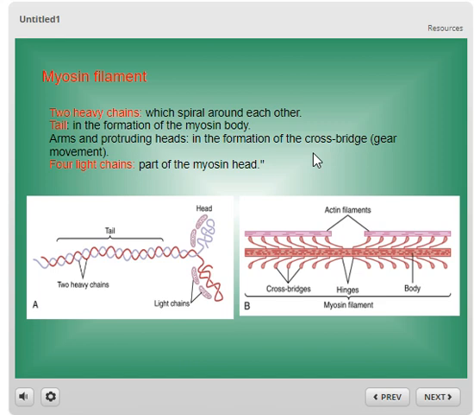The light chains of myosin are associated with the myosin head. These light chains play a role in stabilizing the head region and are involved in the regulation of the myosin activity. As a whole, the structure of the myosin, including its heavy chains, tail, arms, protruding heads, and light chains, is essential for muscle contraction.